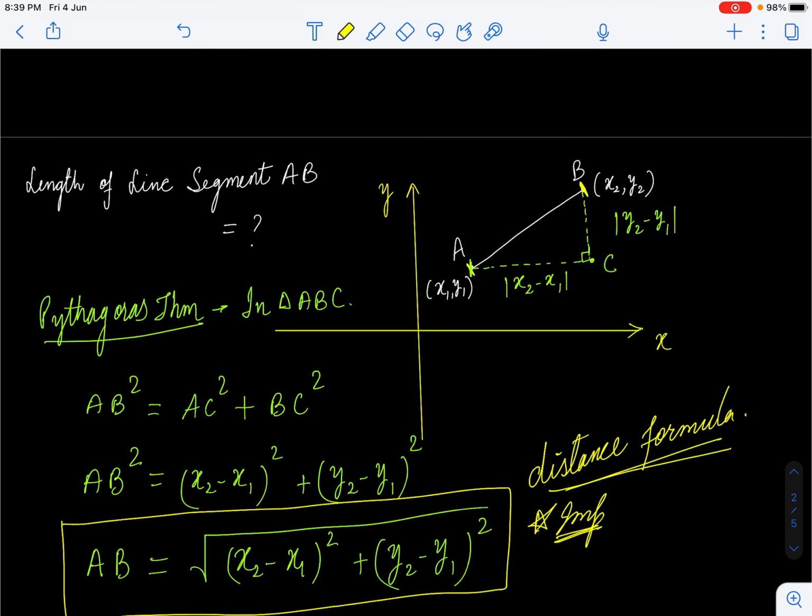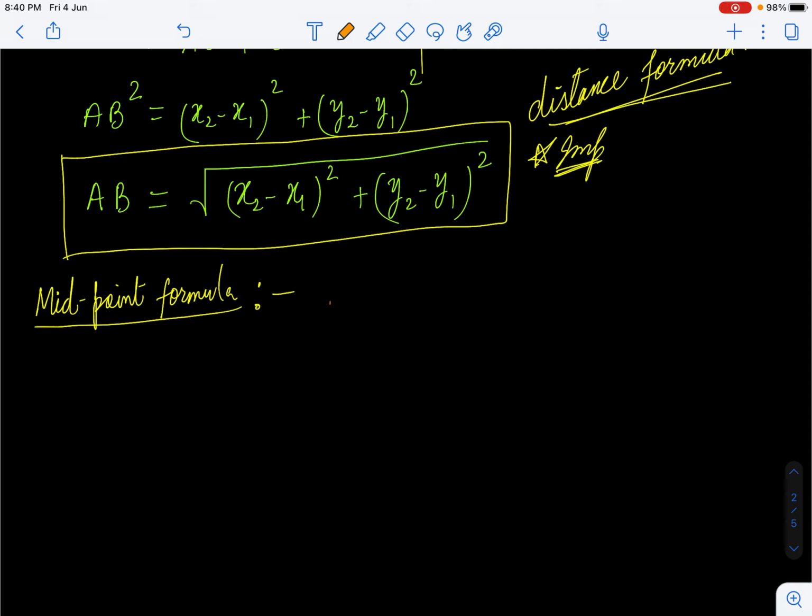Basically, if I have 2 points A and B, there will be a point that is midway between A and B on this line. Let's call that point D. I need the coordinates of this point D, and we can find this using the midpoint formula.